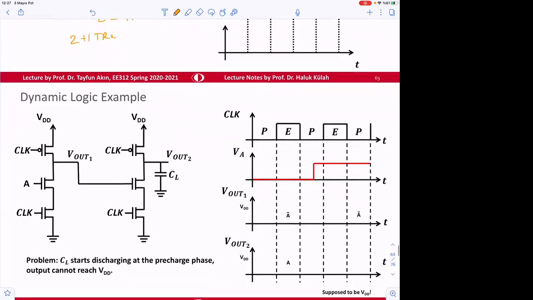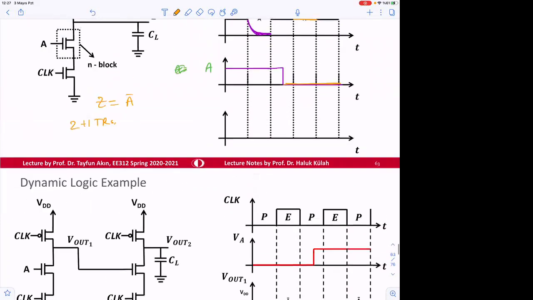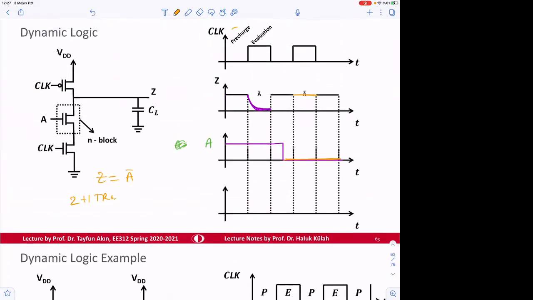There's a problem with this circuit. We call this part, by the way, pre-charge. So the CL is pre-charged to VDD. But during the evaluation, that transistor is off.